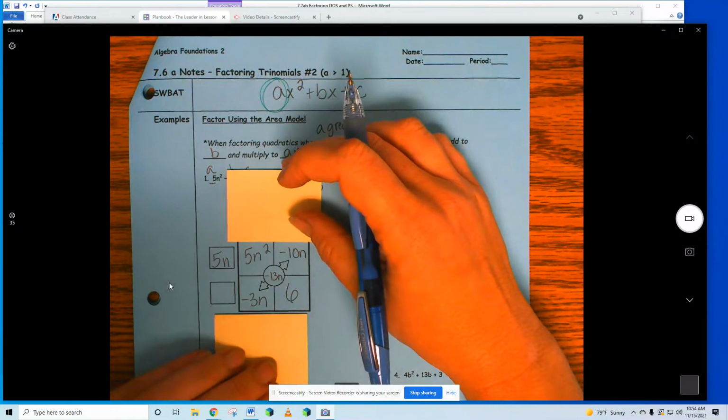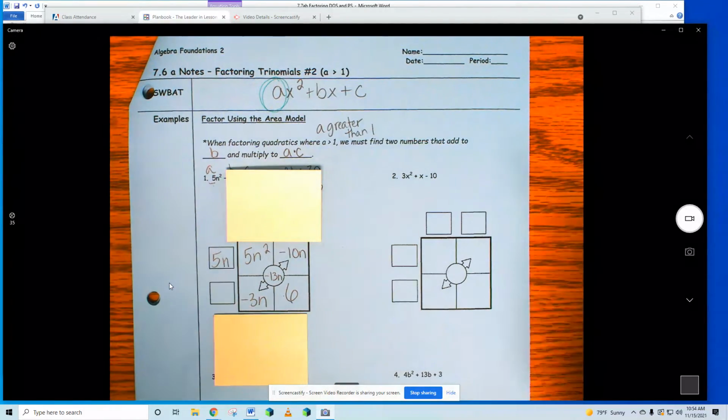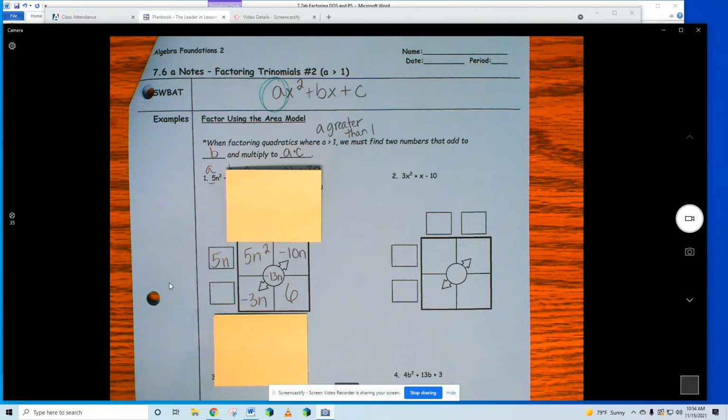Now let's go to this. Negative 3 and 6. So what do I do?